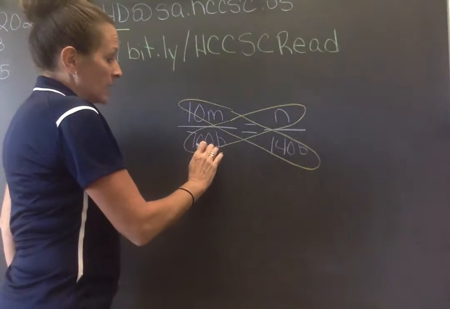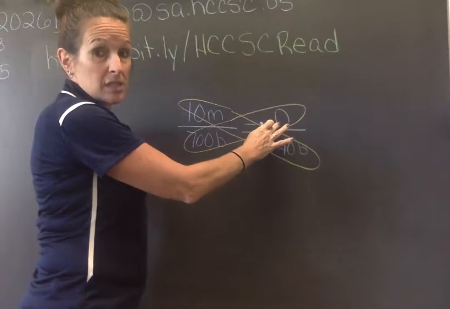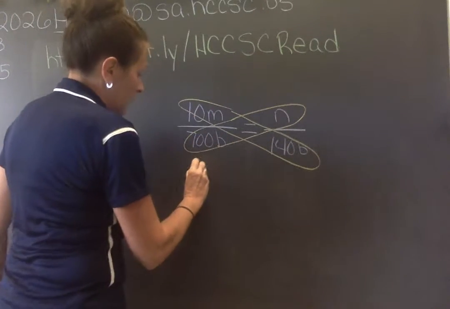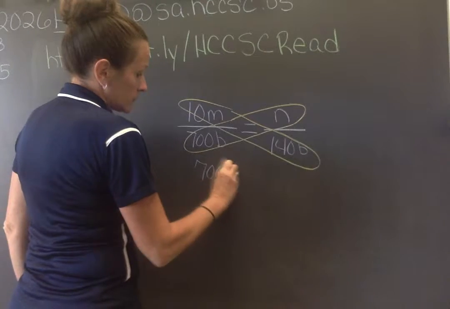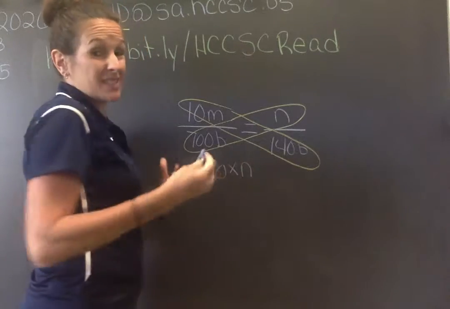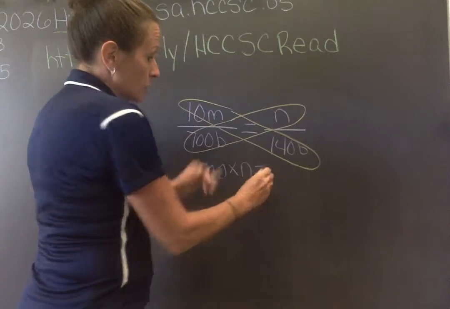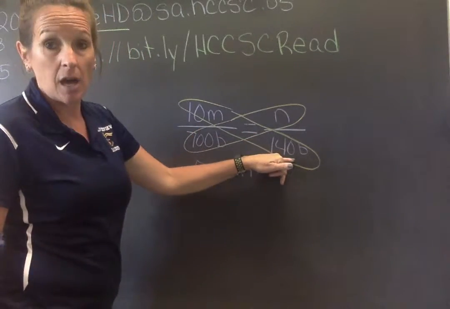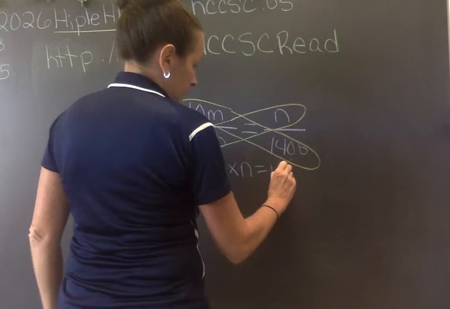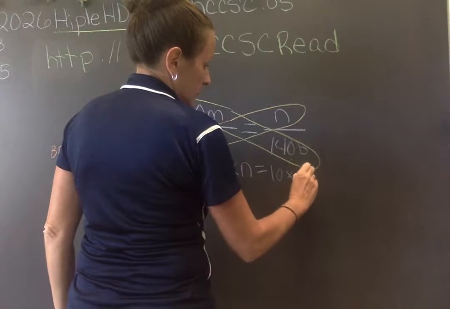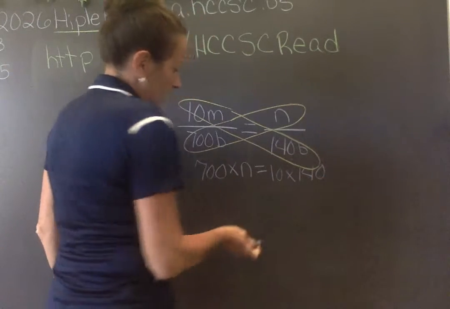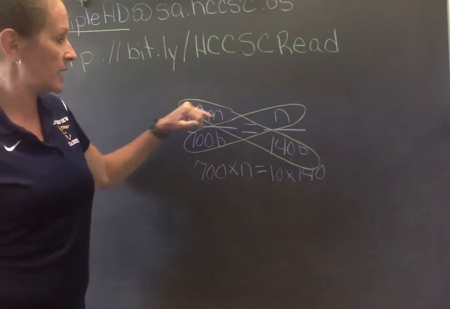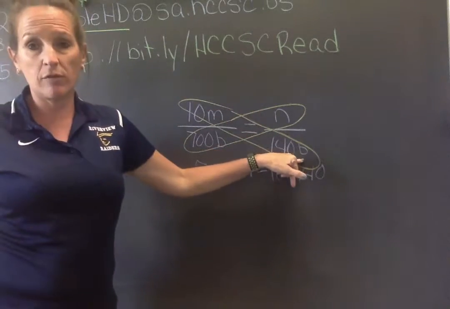So I've got 700 times something. Remember, I'm multiplying. So 700 times something equals, I put my equal sign, 10 times 140, okay? That's our second step. 700 times something is the same as 10 times 140.